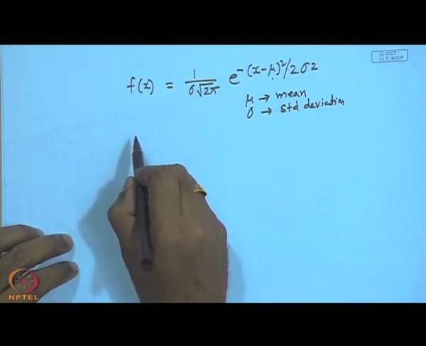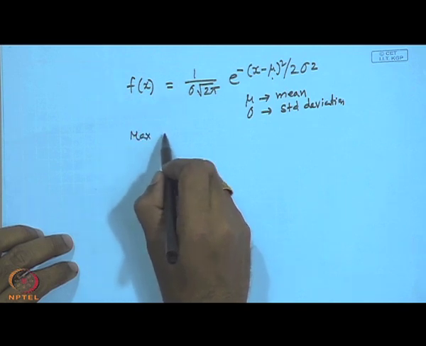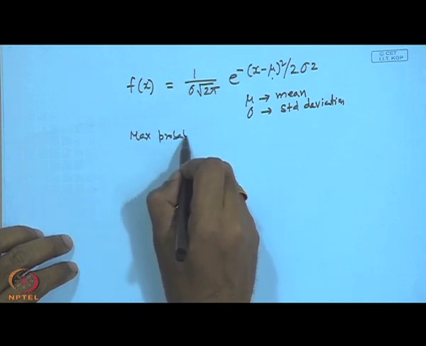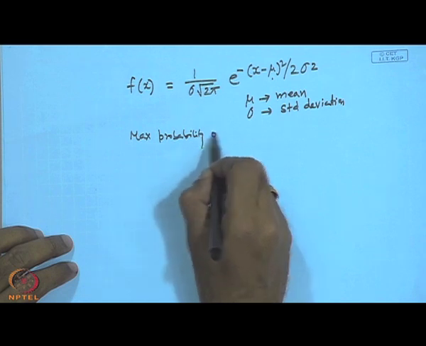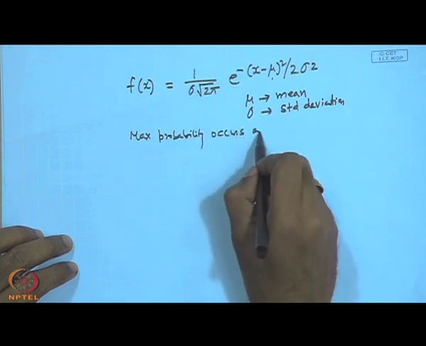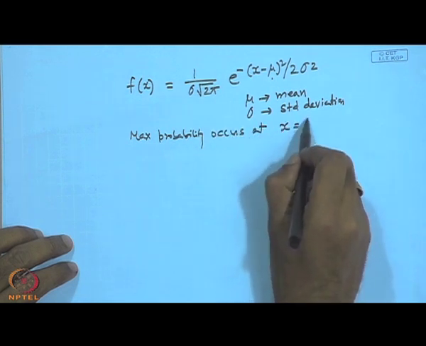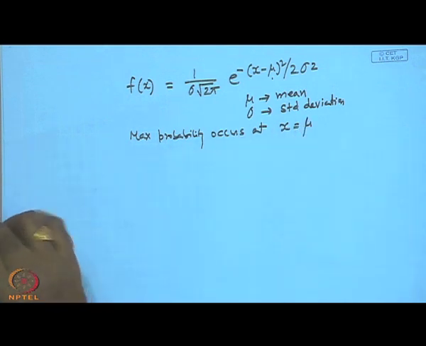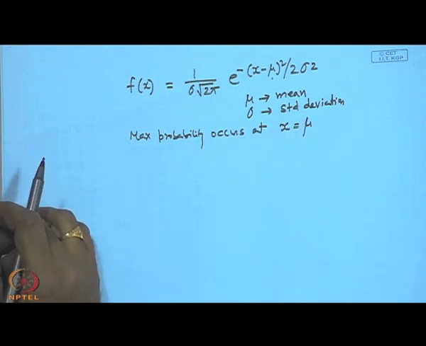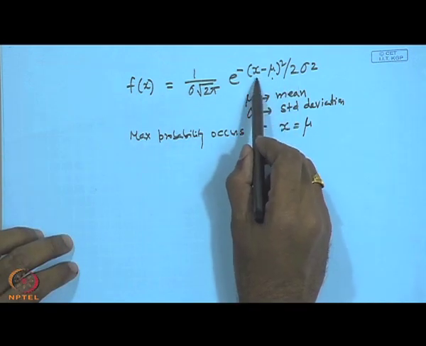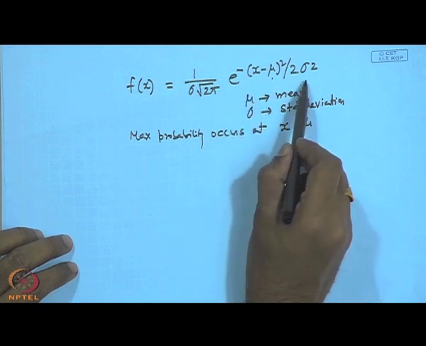The maximum probability occurs at x equal to mu, the mean. And what will be the value of this probability? We can obtain this if I put x equal to mu here.